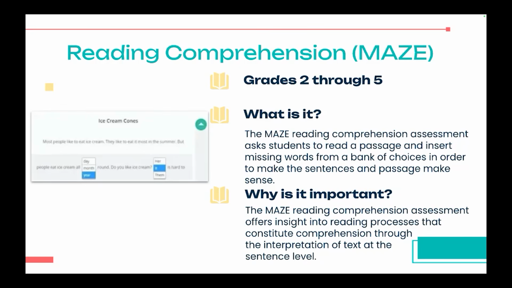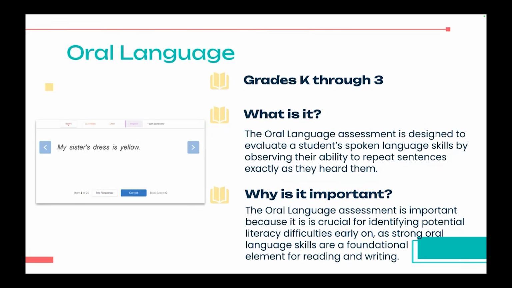The MAZE reading comprehension assessment offers insight into reading processes that constitute comprehension through the interpretation of text at the sentence level. So a short version of that is they're doing fill in the blank work to see if the sentences and the passages make sense. That's a form of checking their comprehension.